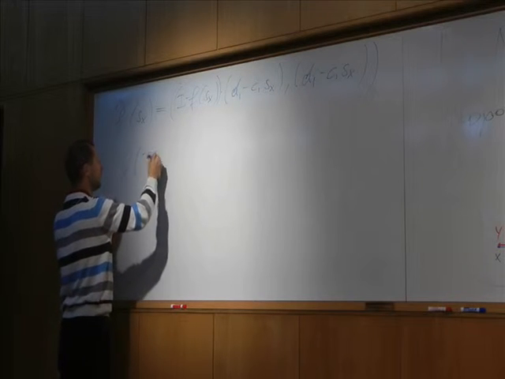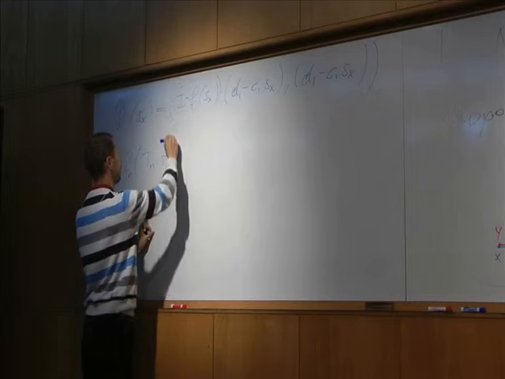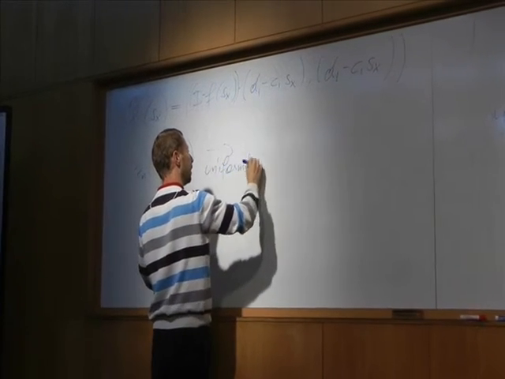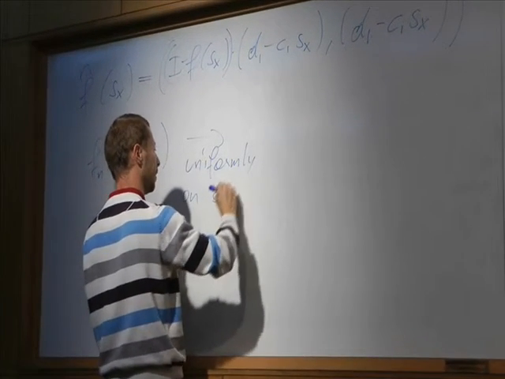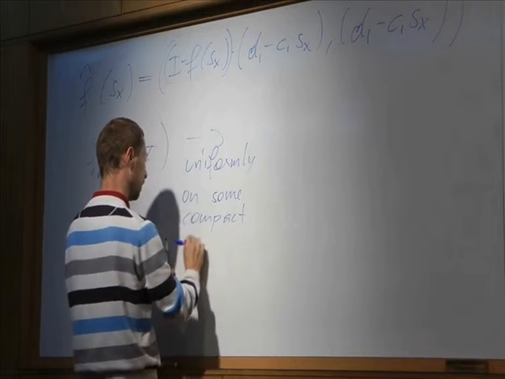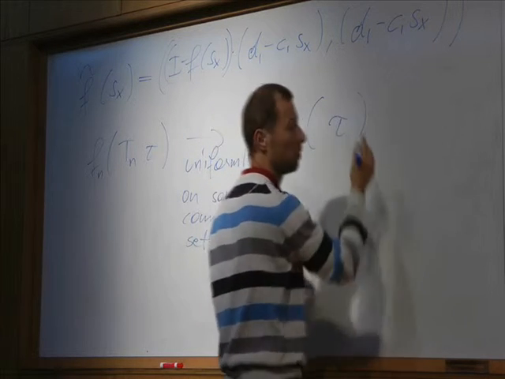f_n of t_n tau converges uniformly on some compact subset to some f of tau.